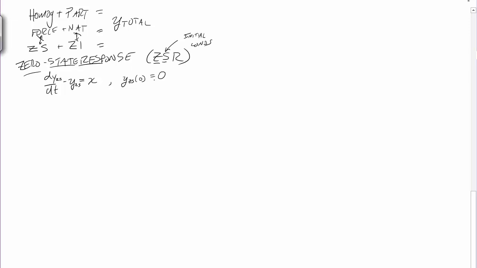So if you're looking for the zero state response, you're looking for the response when there are 0 initial conditions, i.e. all the initial conditions are 0. So how does this relate? How does this work in terms of our old problem, where the x function, the forcing function, was the unit step.